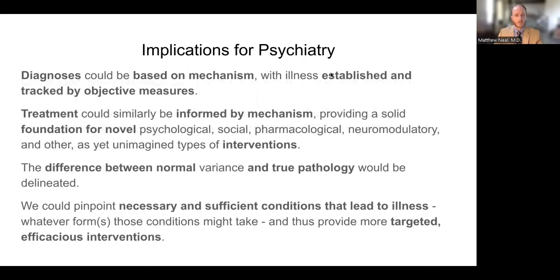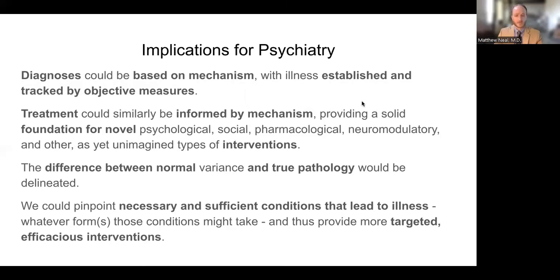Our diagnoses could be based on mechanism, illness established and tracked by biomarkers or objective measures, treatment similarly informed by mechanism, which will provide a solid foundation for theory and for novel treatments, some of which we may not have even imagined yet, but also in the neuromodulatory world.